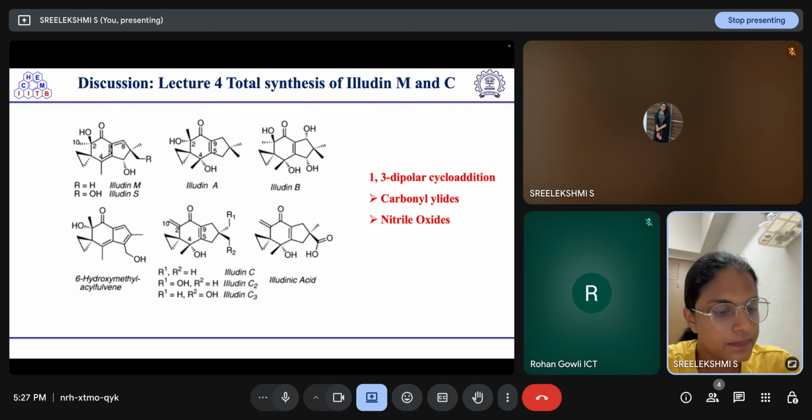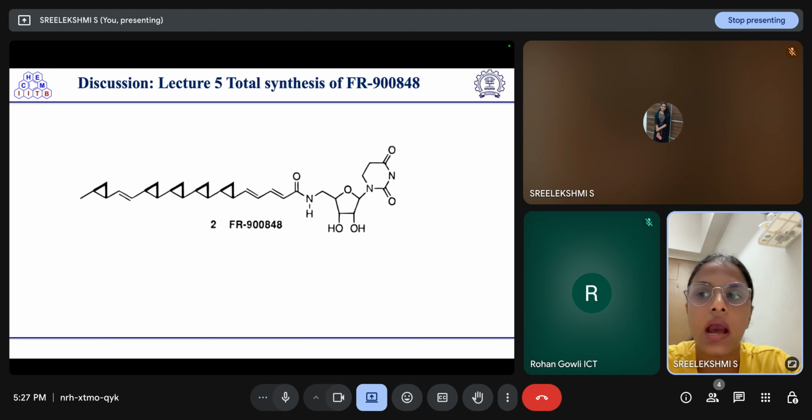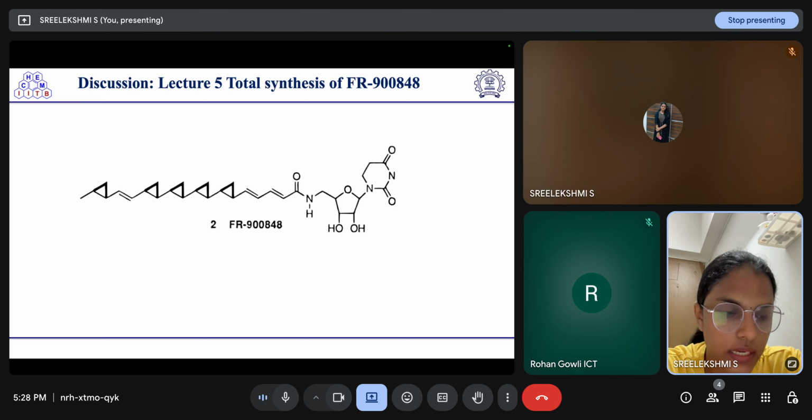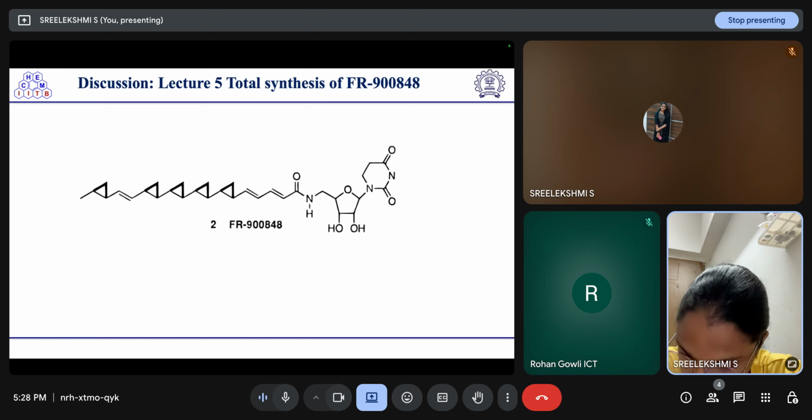Then in the last lecture of week 1, we have seen the total synthesis of FR900848. If illudin had one cyclopropane ring, this has five cyclopropane rings. We have seen how these five cyclopropane rings are constructed in this natural product.